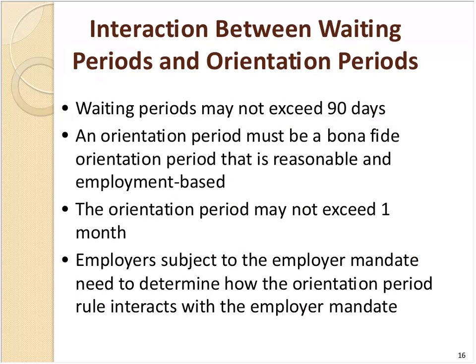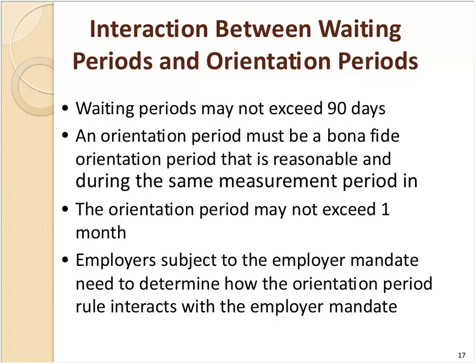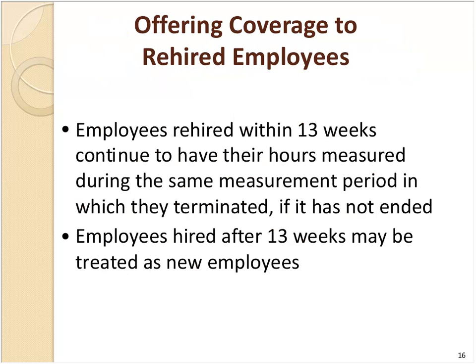And then there will be a possibility of an administrative period in between times if you need time to sign them up, and there is some room for an orientation period at the beginning of an employee's service. And we'll deal with those concepts in a lot more detail in the December program.